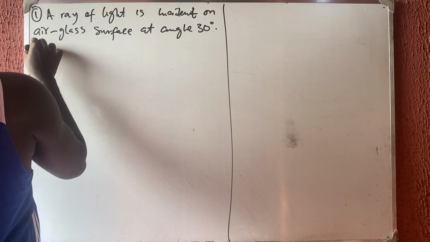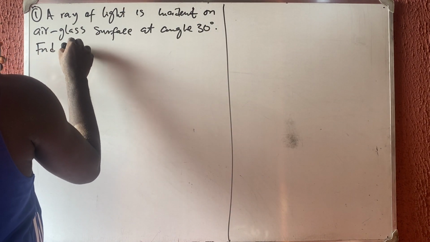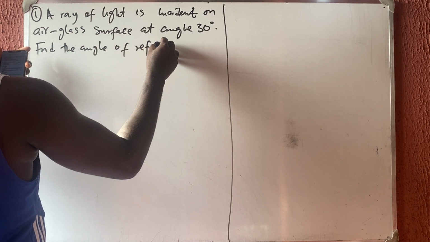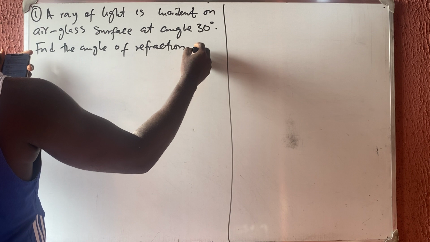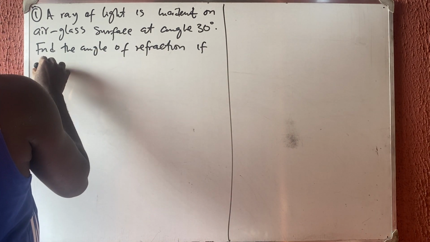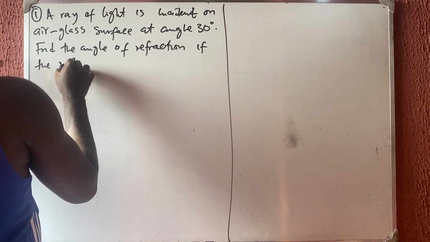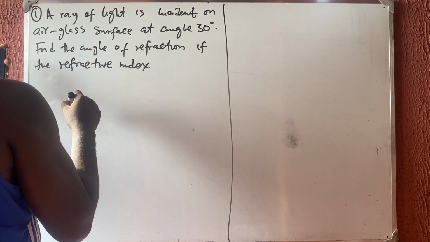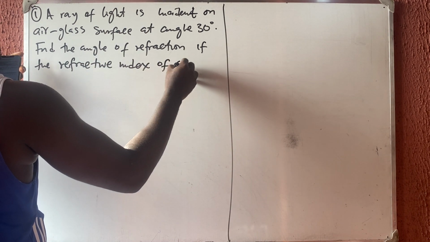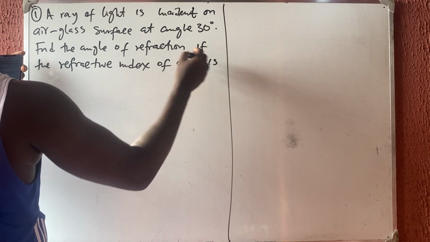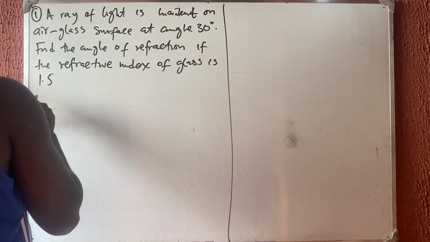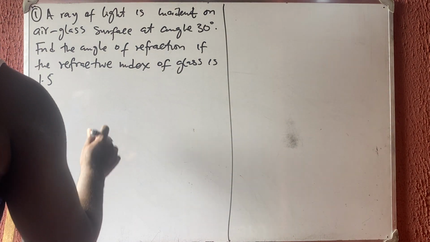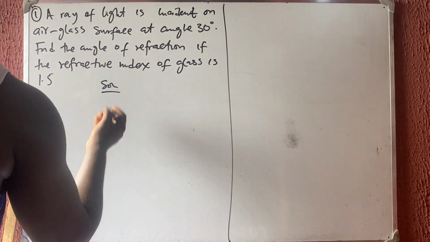Then I say find the angle of refraction if the refractive index of glass is 1.5. Okay, that is 3 over 2. 1.5. Solution, very, very simple.